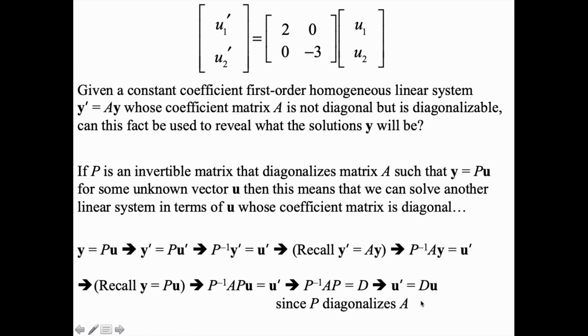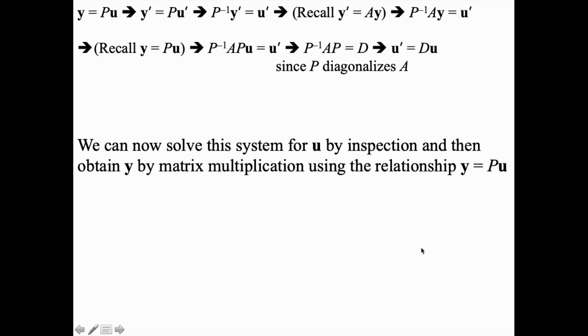Well, remember, this was the easy part. We can solve systems of differential equations with a diagonal matrix by inspection. So keeping that in mind, we're now going to solve this system for u by inspection, and then we'll just take our result, multiply it by matrix P, and we'll have the solutions to the original differential equation system.